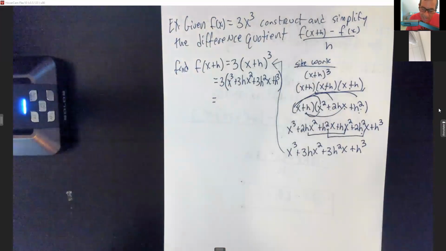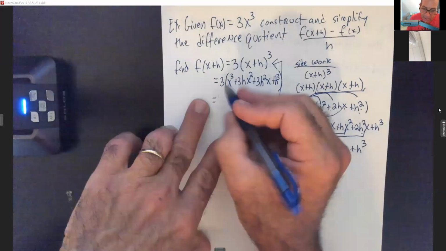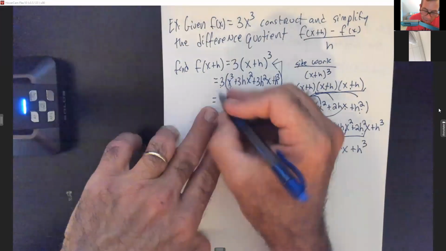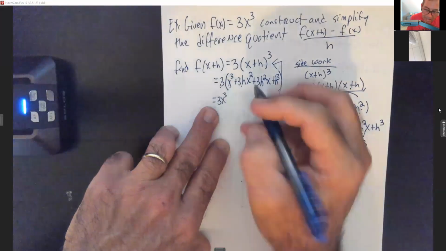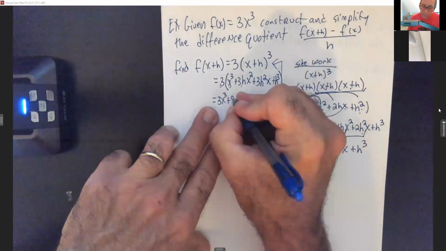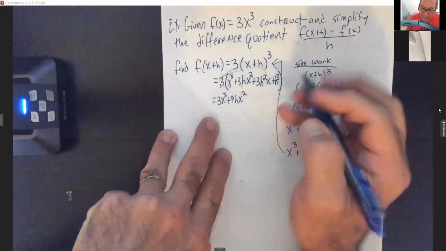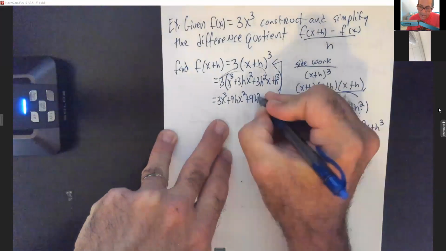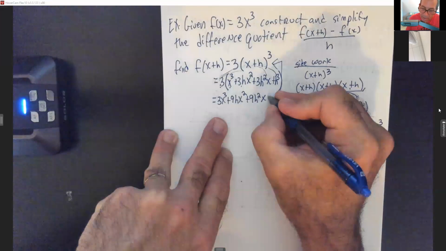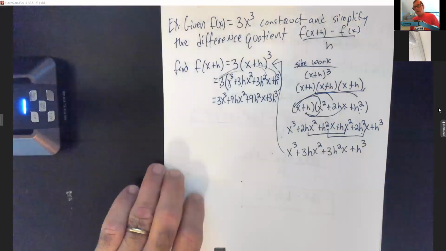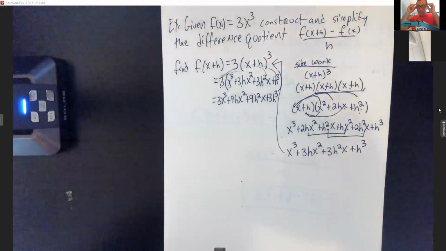So finally, for f of x plus h, I will distribute that 3 through these parentheses. 3 times x cubed is 3x cubed. 3 times 3 gives me 9hx squared. 3 times 3 gives me 9h squared x. And then 3 times h to the cube is 3h to the third. That is now finally f of x plus h.